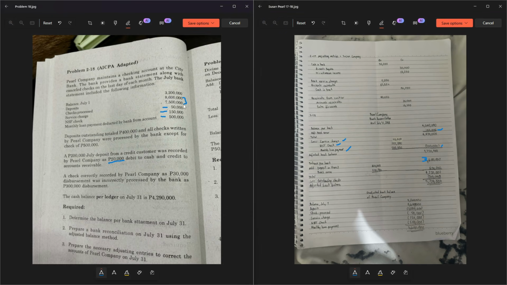The deposit in transit came from this one rather, I'm sorry. So deposits outstanding total 400,000. All checks written by Pearl Company were processed by the bank except for check of 500,000.